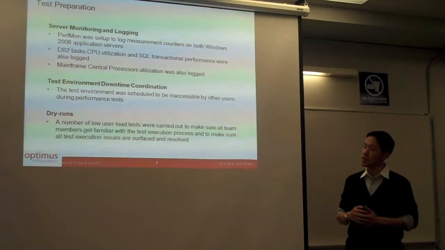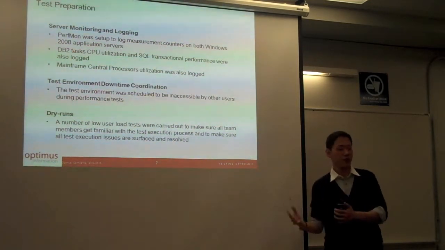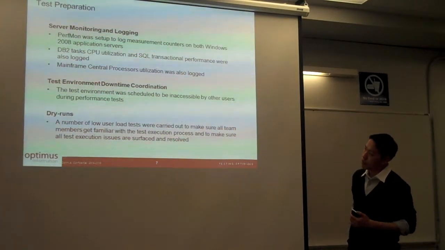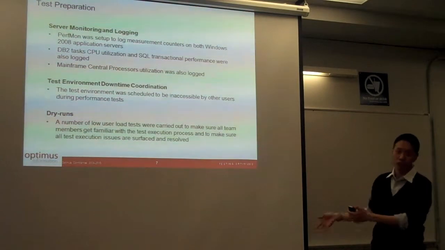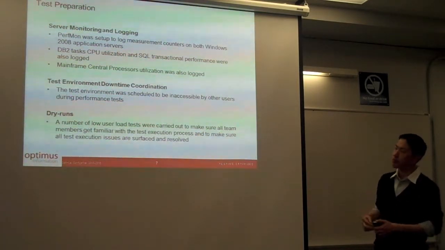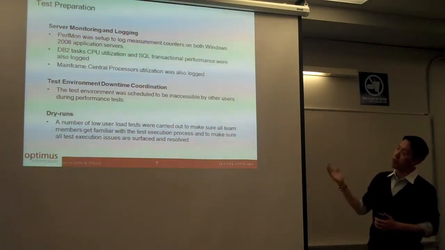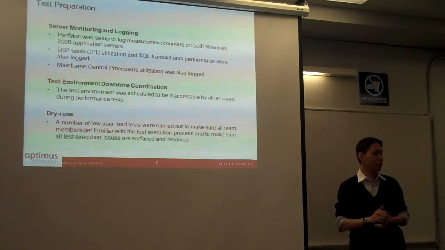But you don't get to see the server or the infrastructure's health. So let's say we have an infrastructure running Windows servers and mainframe. On the Windows servers, the most popular and free tool to use is perfmon, which is built in from Windows.